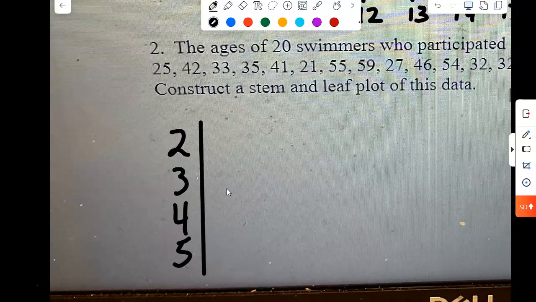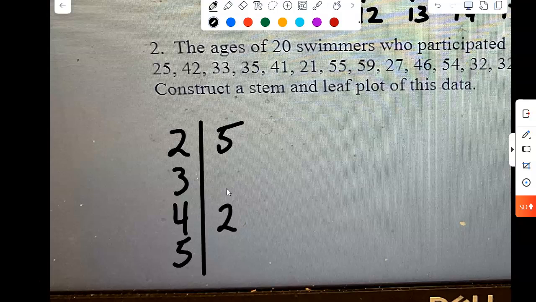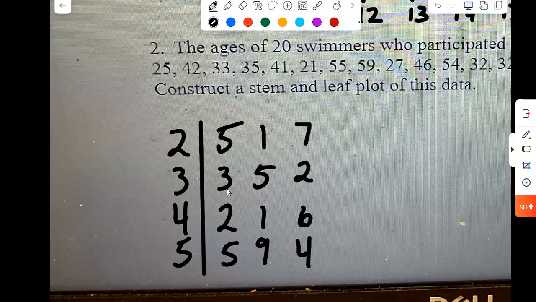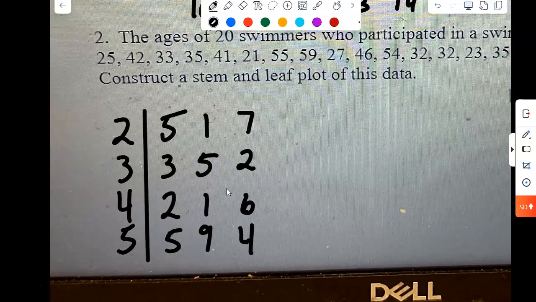So 25, put a 5 in the 2 row, 42, 33, 35, 41, 21, 55, 59, 27, 46, 54, 32, 32, 23, 35.